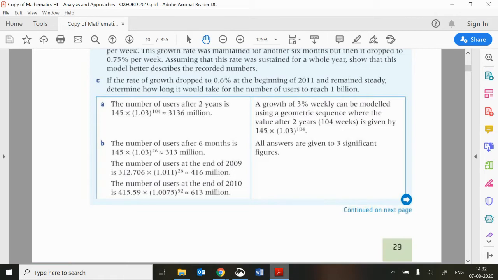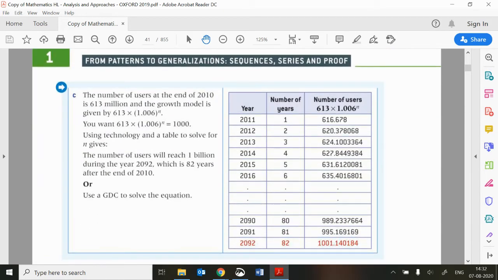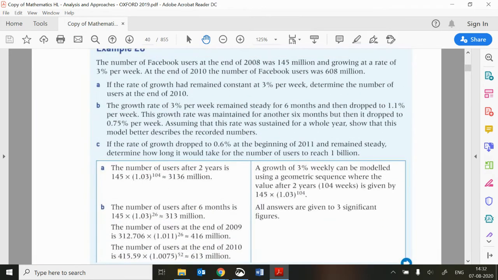Let's just have a little look at the answer. And yeah, the book I think has made a mistake. This is common in the first editions, which this is just a PDF of the book. I think that the book has made a mistake in that it started with 613 instead. You can see they've set up the same formula here, but they've started with 613. But remember, the question says, if the rate of growth drops to 0.6% at the beginning of 2011 and remains steady, determine how long it will take for the number of users to reach 1 billion.